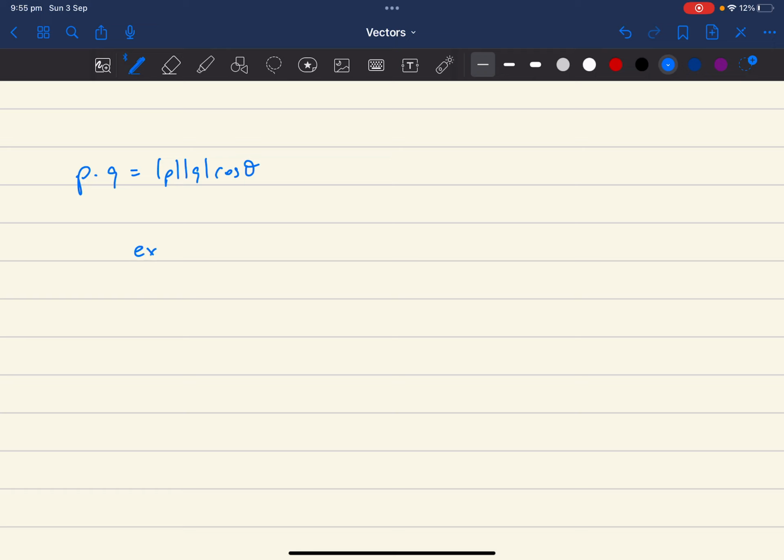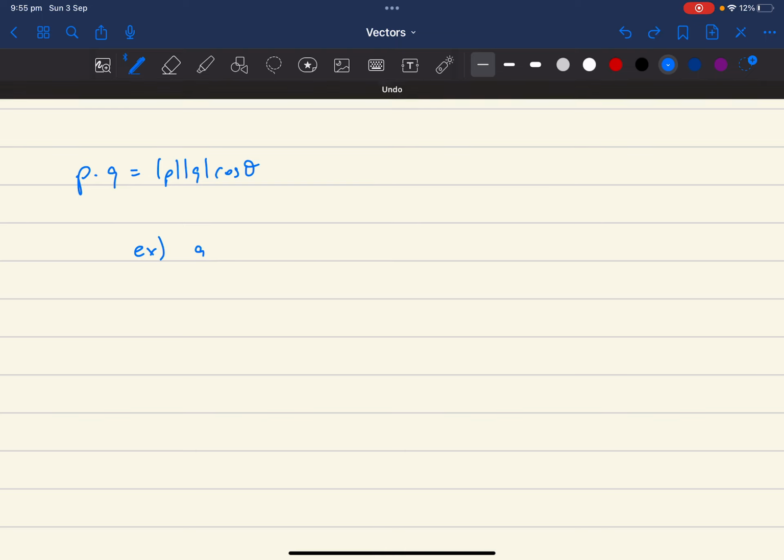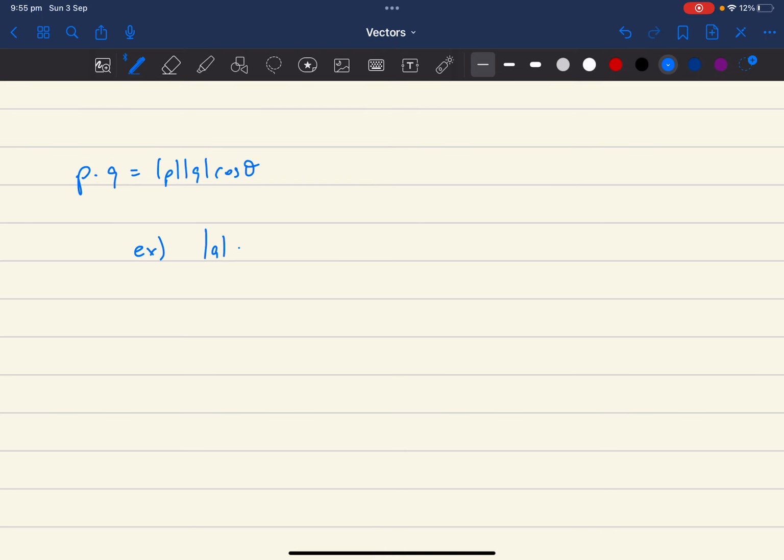So let me just write an example. Let's say the length of vector A equals 5. The length of vector B equals square root of 7, okay? And the angle in between A and B is 110. So what is A dot B equal to?